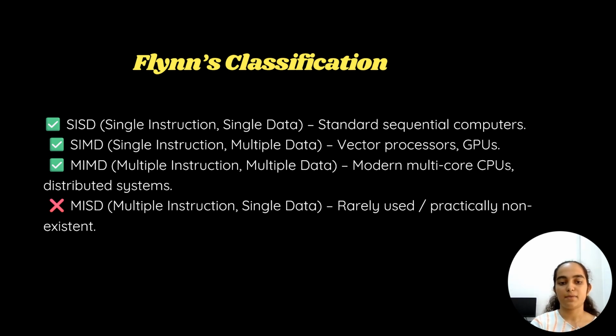Last one is MIMD, multiple instruction, multiple data: modern multi-core CPUs, distributed systems. And MISD, multiple instruction, single data: rarely used, practically non-existent. These categories help us understand how computers handle different levels of parallelism.